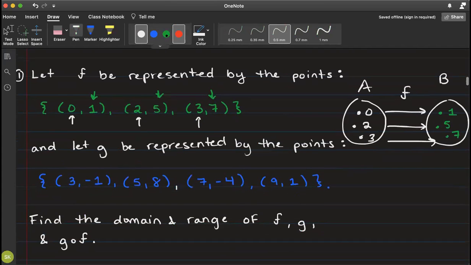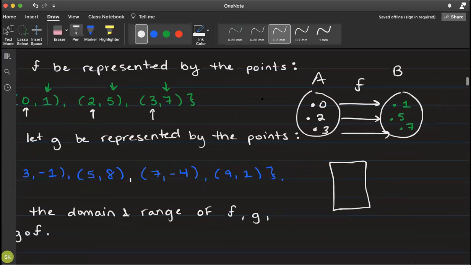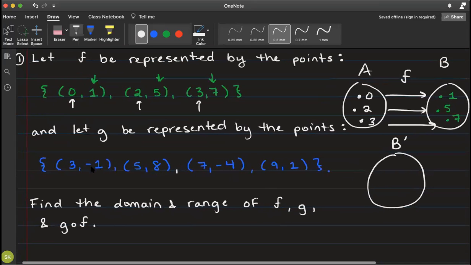Now here, I have a function g, and the function g is represented by these points: 3, -1, 5, 8, 7, -4, 9, 1. So you have some other set, you can make it a circle, it doesn't matter. I was just trying to go with what I did earlier, but let's make it a circle. We have some new set. Let's call this set B prime. In the domain, we have 3, 5, 7, and 9.